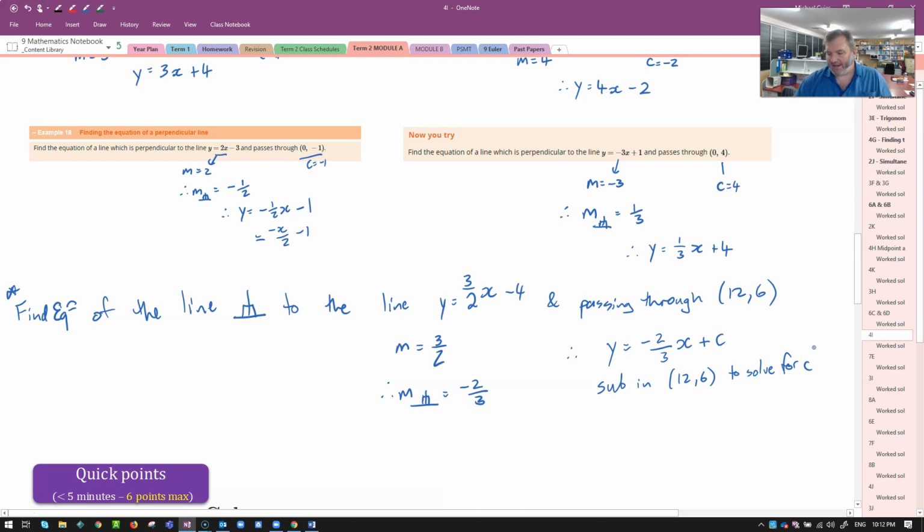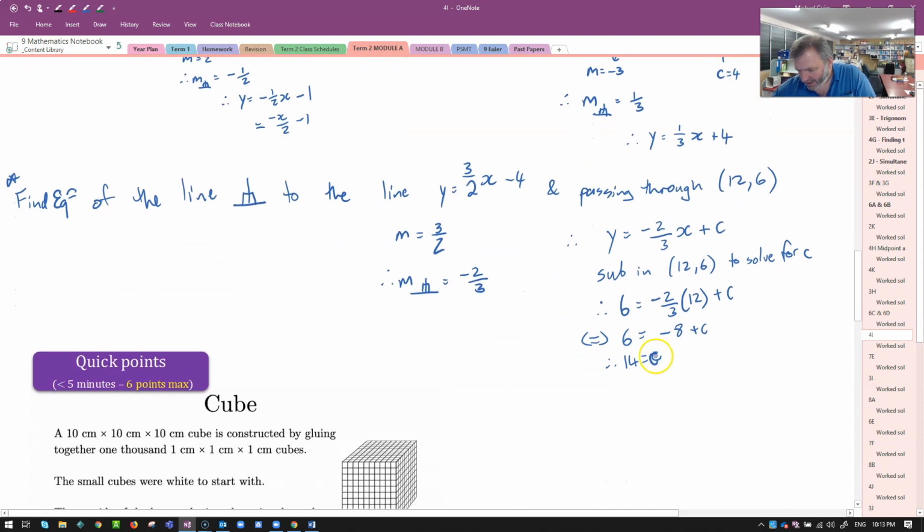Let's see if that's going to get us there. So, y is equal to 6. And that's equal to negative 2/3 times x, which is 12, plus c. Keep going through your working here. Negative 2/3 of 12. 3 goes into that 4 times. I make that negative 8, plus c. Add 8 to each side. 14 is equal to c.